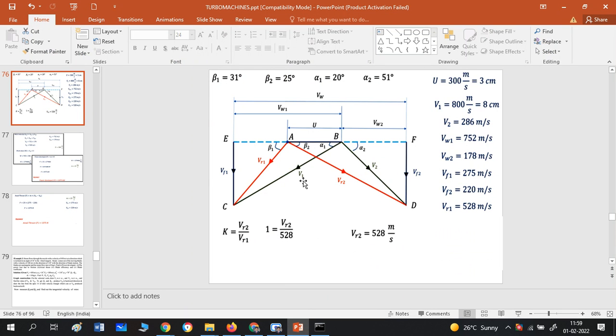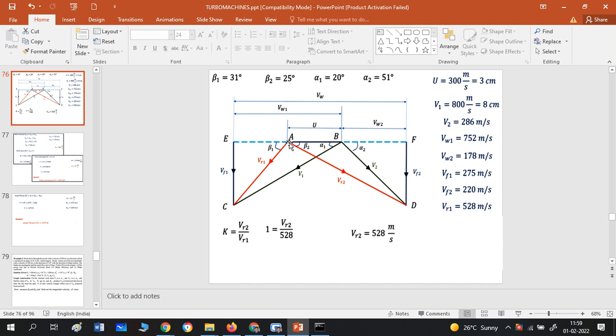Once this is completed, I found out u and v1 given in the problem, alpha 1 is given in the problem, and vf1 is indirectly given in the problem because with a triangle I am getting vf1. Next procedure: this point is fixed, but we cannot find out d, we cannot find out this a also, because at what point beta 1, beta 2 should be drawn we don't know.